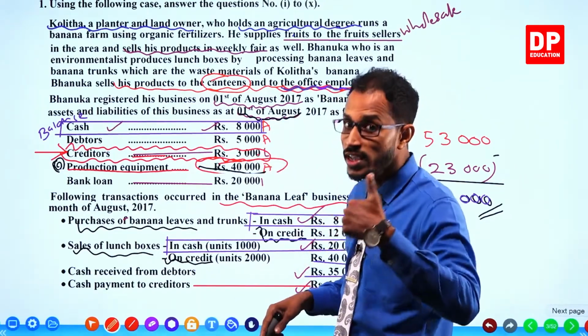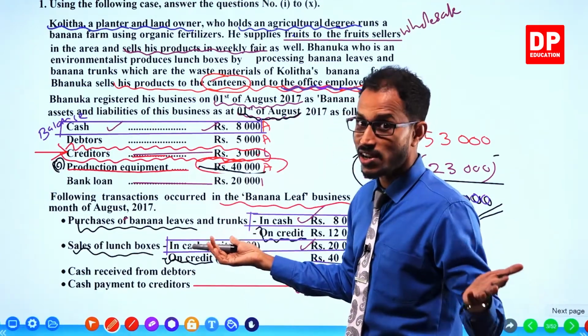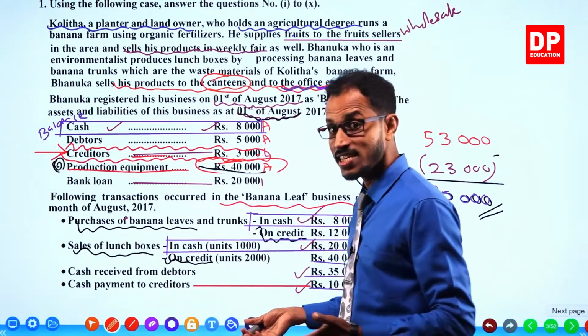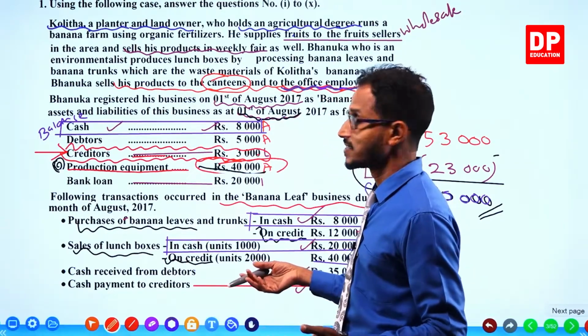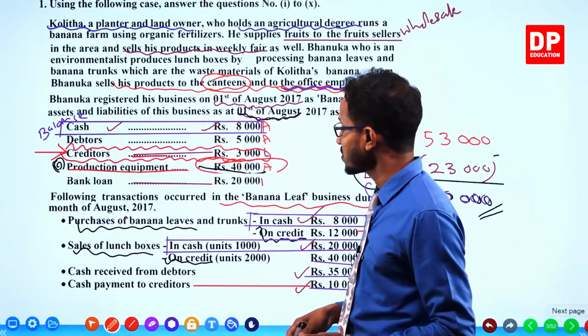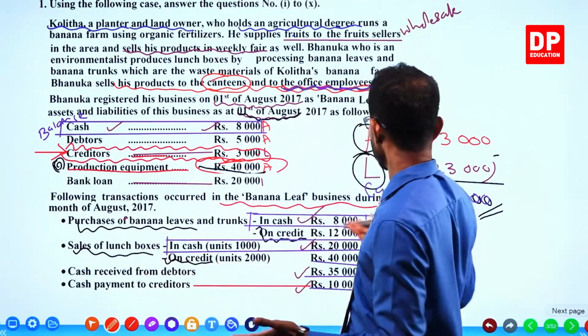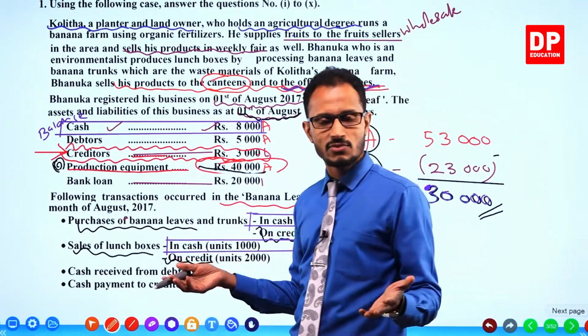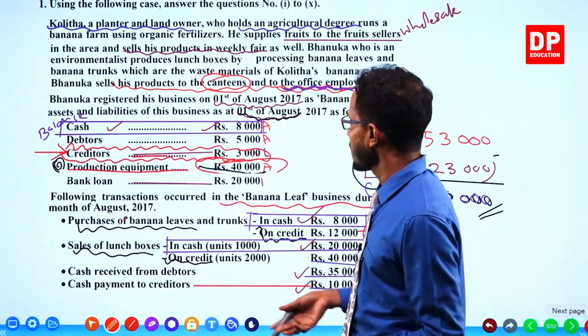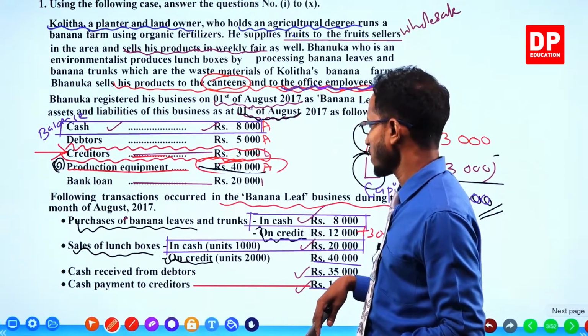Debtors, we know the end of the month debtors. Creditors, we calculated. Equipments, we calculated the equipment's carrying value. Bank loan is 20,000.